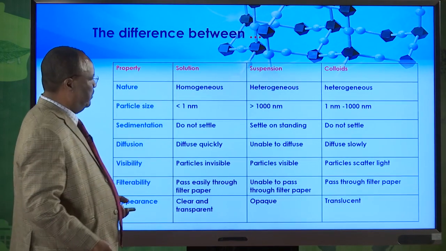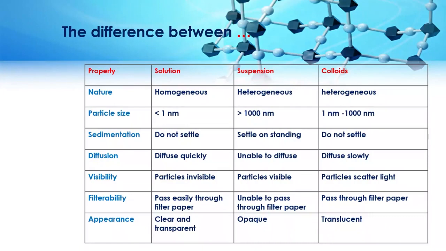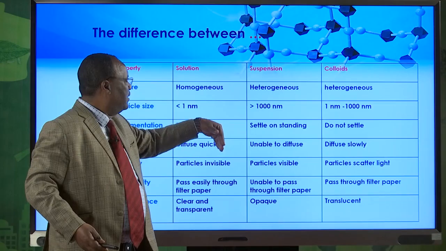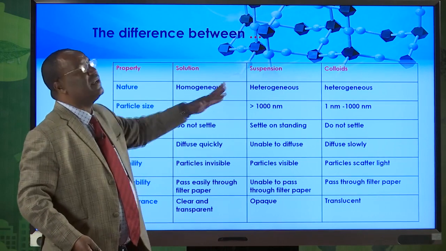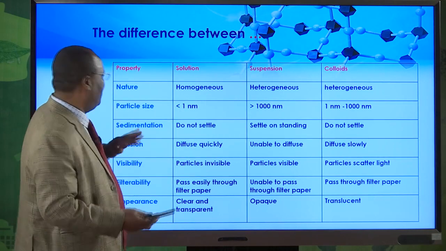Let us summarize the difference between the three: the property, the solution, the suspension, and the colloid. The nature of the solution is homogeneous; suspension and colloids are heterogeneous. The particle size of the solutes in solution is less than 1 nanometer, in suspension greater than 1,000 nanometers, and in the case of colloids between 1 nanometer and 1,000 nanometers.